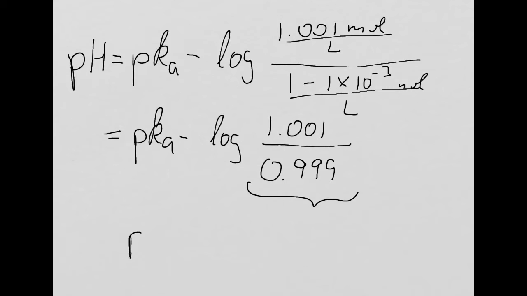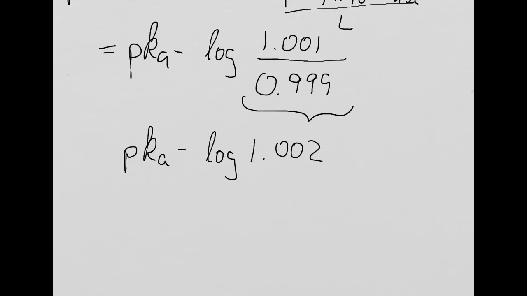So we have, thank you, pKa minus log 1.002. Can you please be so good and calculate log of 1.002? It's 8.68 times 10 to the minus 4.